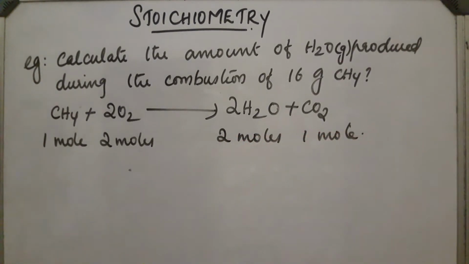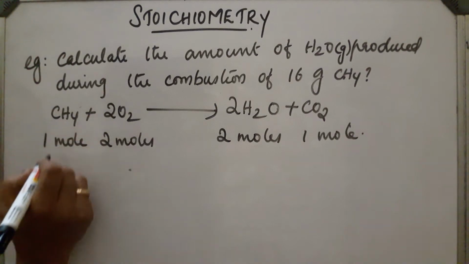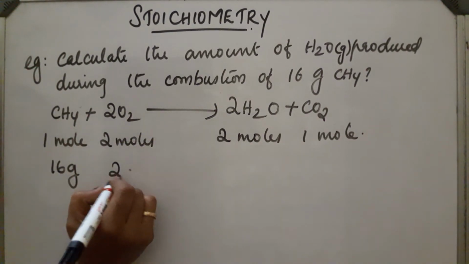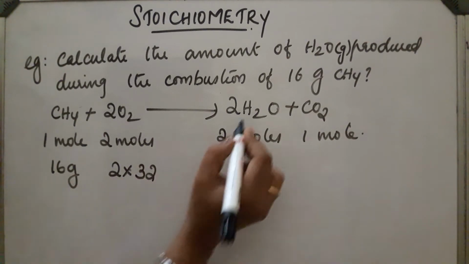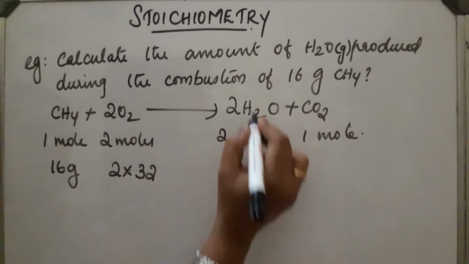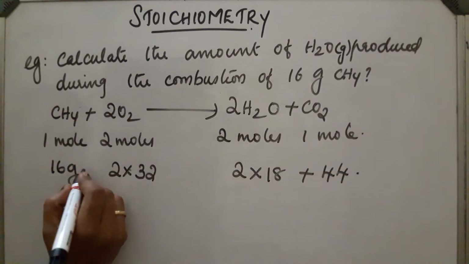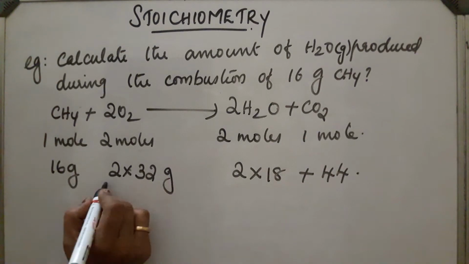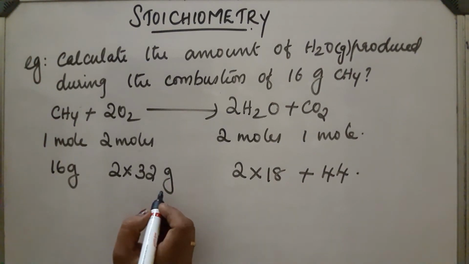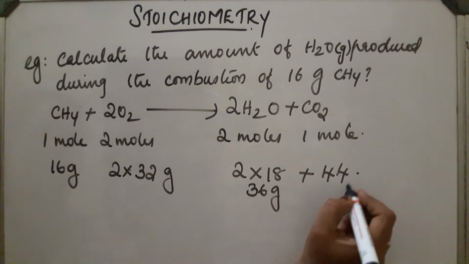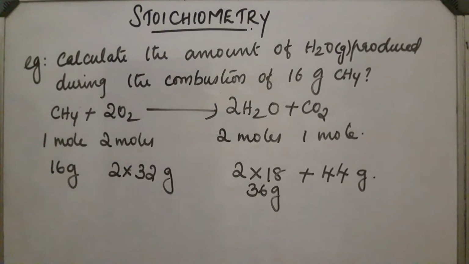So now we can calculate the masses of methane, oxygen and water produced. The molar mass of CH4 is 16 gram. Oxygen is 32, so 2 into 32. Water is 2 into 18, plus carbon dioxide 44. So 16 gram reacts with 64 gram of oxygen, 2 into 32, to give 36 gram of water and 44 gram of carbon dioxide.